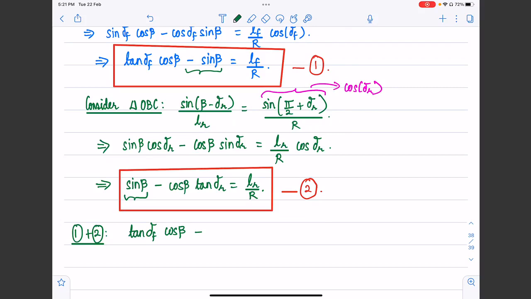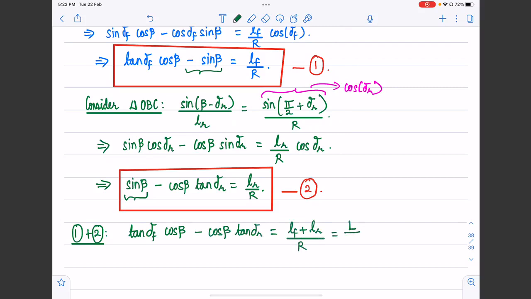So what we are left with is tan delta f cos beta minus cos beta tan delta r, which is equal to LF plus LR divided by capital R. And what is LF plus LR?